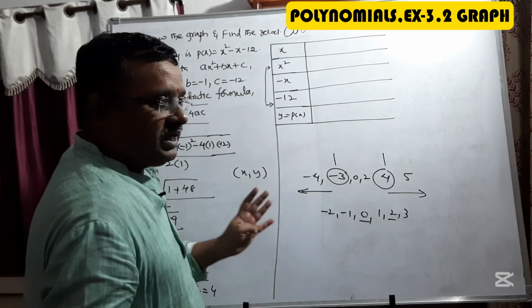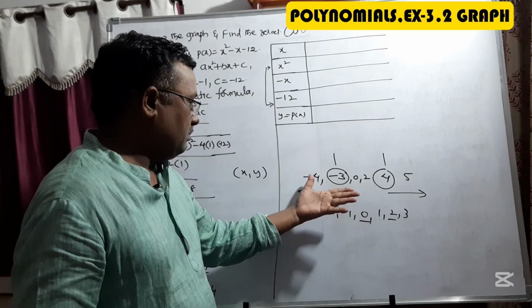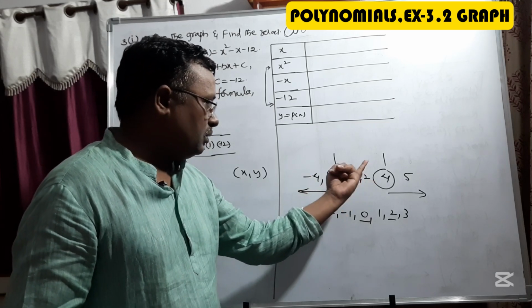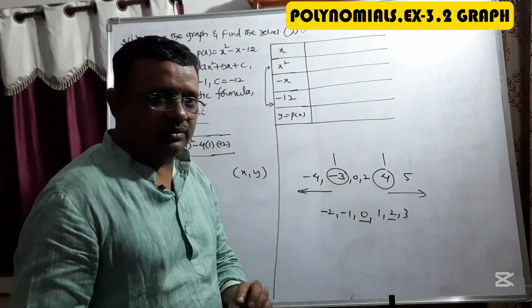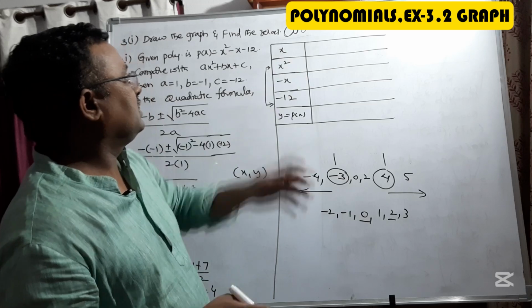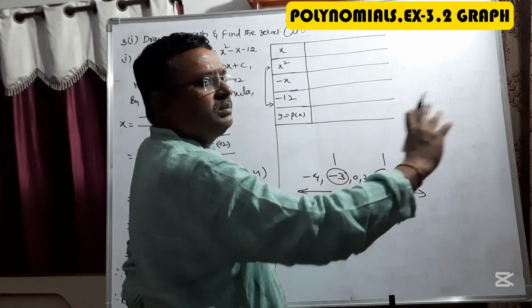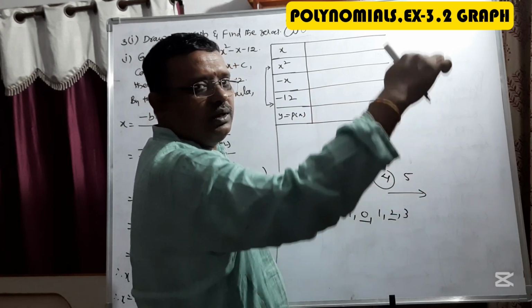Automatically you will get the required variable values in order. Here: minus 4, minus 3, 0, 2, 4, 5. Like that, you choose 6 to 7 variable values, which will be comfortable for us and will give us a clear parabolic shape.